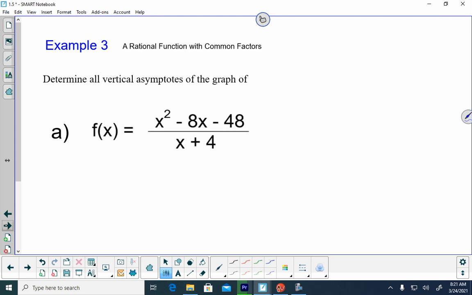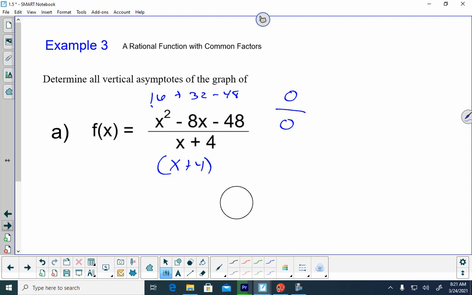Example 3, a rational function with common factors. So here in the denominator, that's factored as x plus 4, so x is equal to -4. But if I put -4 in here, I'm going to have 16 plus 32 minus 48, and I'm going to get 0, and I'm going to end up with 0 over 0 if I substitute -4 in, which tells me that I can simplify.